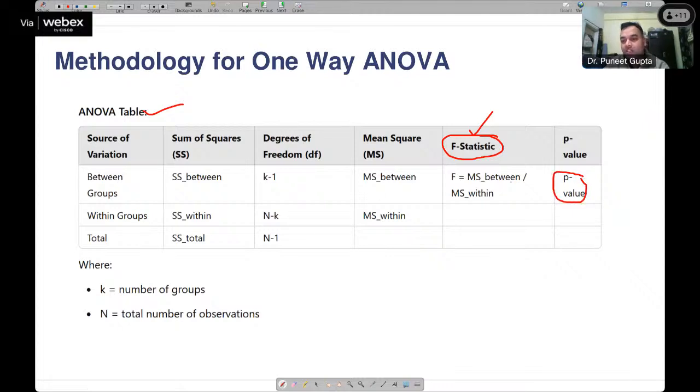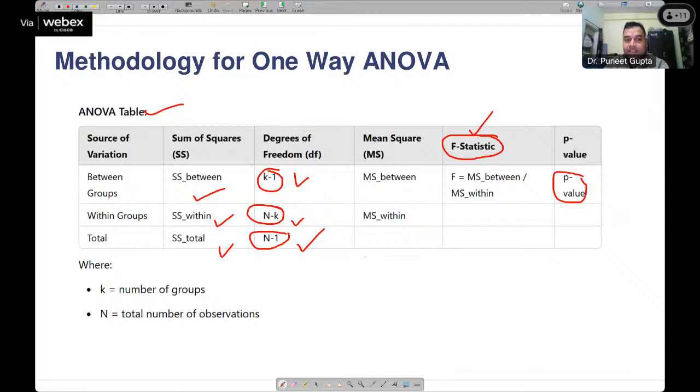But that is the structure of the calculation. First of all, you need to calculate manually SS between, SS within, and SS total, then the degrees of freedom. These are the number of groups minus 1, the total number of observations minus the number of groups, and the total, which is always the total number of observations minus 1.